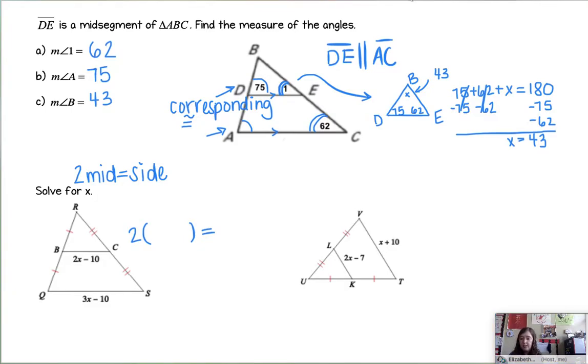In this picture, what's going to go in for my midsegment on this one? Very good, yes. So my midsegment is BC, so that means I'm going to put 2x minus 10 in for my midsegment.